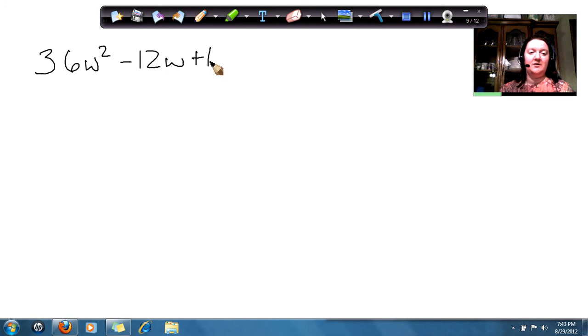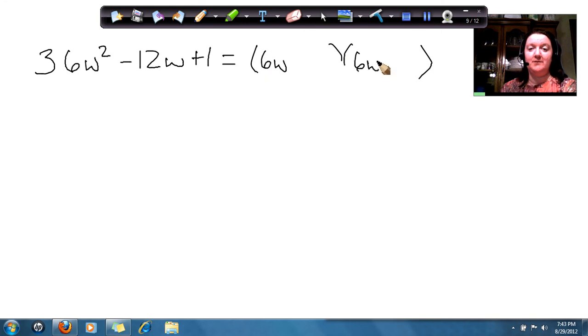Here if we look at our first term and our last term, again 36 has a perfect square root of 6 and 1 has a perfect square root of 1. So let's put the perfect square roots in the front: 6w, 6w. The perfect square root in the back is 1 and 1. Now the middle term has to be negative, so I'm going to make both of these signs negative.